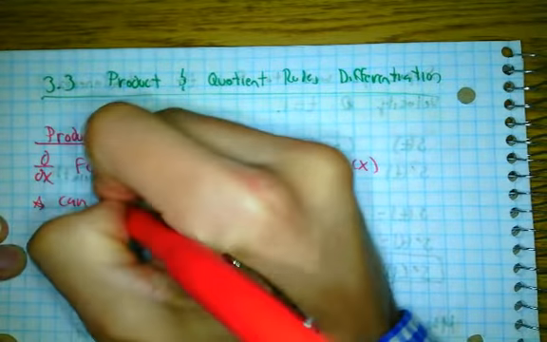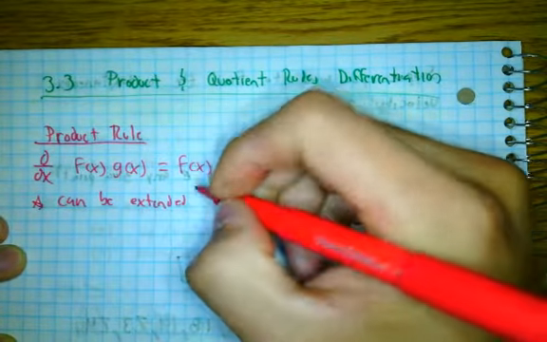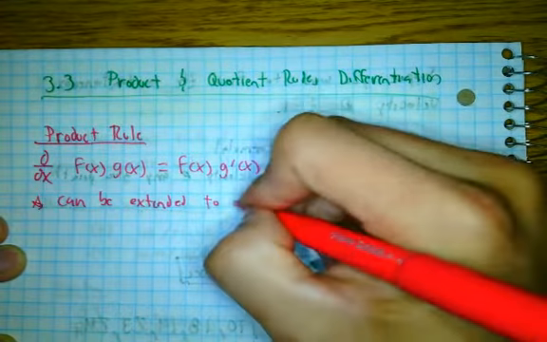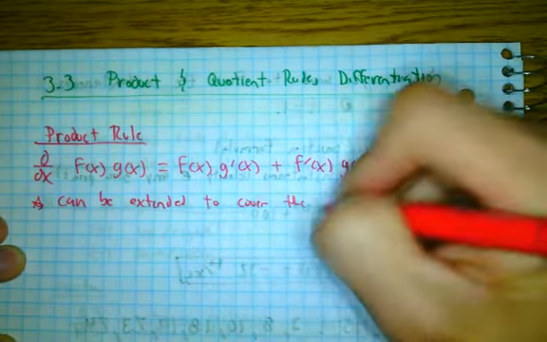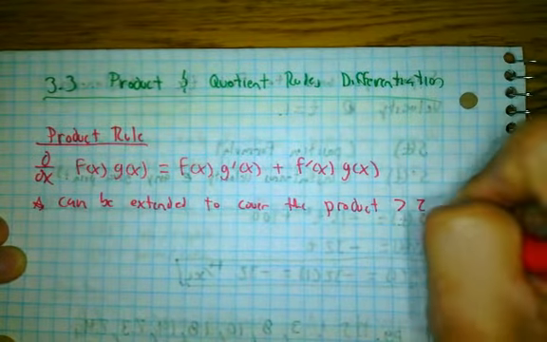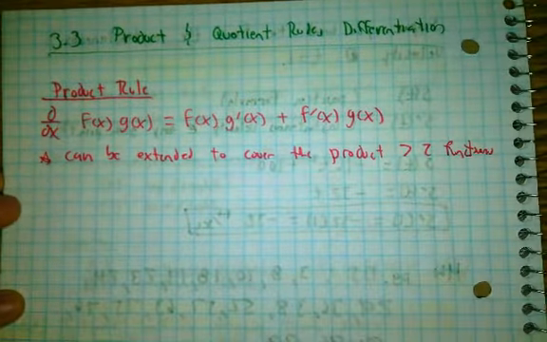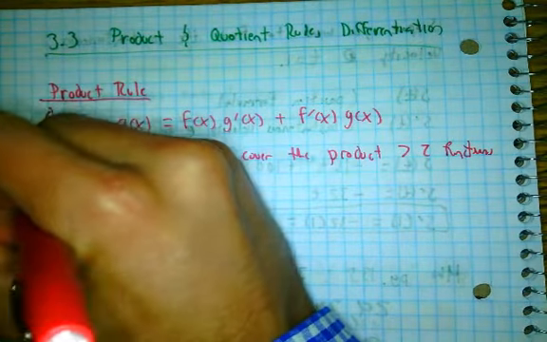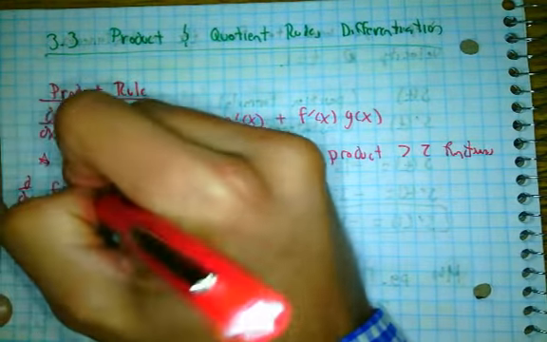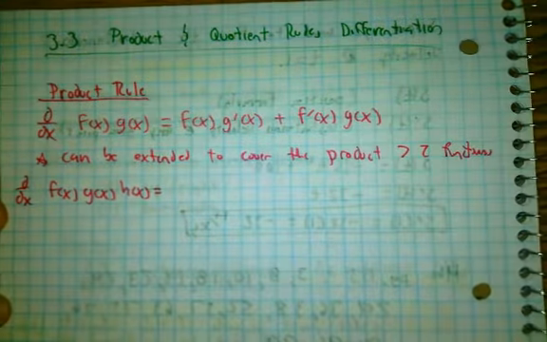Alright, this can be extended to cover the product of more than two functions. So for example, you don't have to write this, but if you'd like to, let's say you had f of x times g of x times h of x.